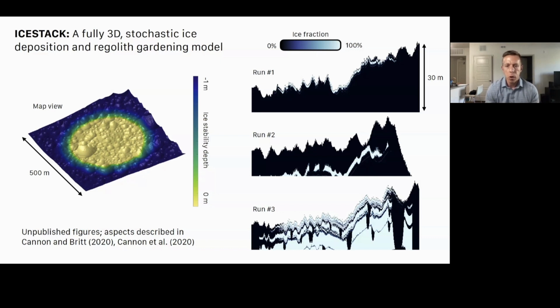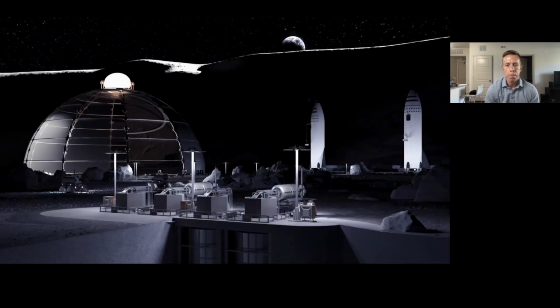And so you can see these remarkably different model results that you end up with. And so this is something, again, that can be ground truthed by comparing a larger ensemble of these models with stratigraphies that are identified on the ground. Next slide.